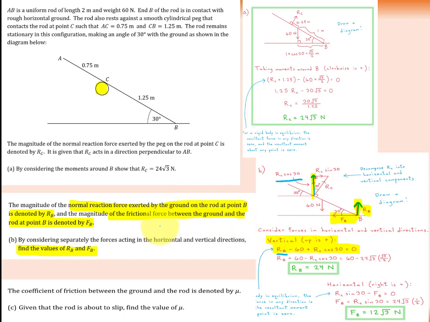And sometimes we can write that, nothing wrong with doing it like that, RC cos 30, build up your skills, plus RB, so it's going up, equals 60. And hence that's how they've got this line here to say it's equal to 0.